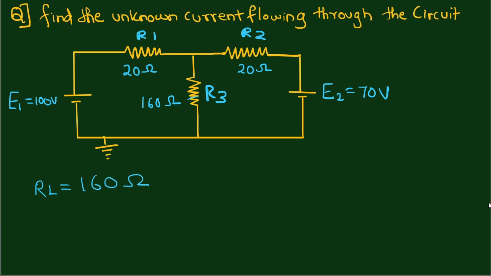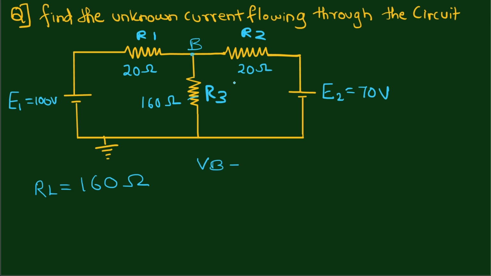To find Thevenin's voltage, first we have to remove this 160 ohm resistor, and there will be an open circuit between this node, let's call it B, and ground. Now this resistance is connected to the 100 volt source, and this resistance is connected to the 70 volt source.